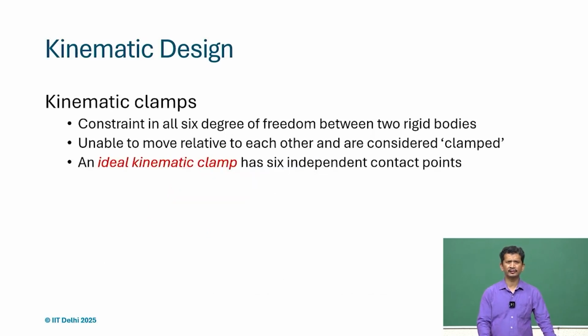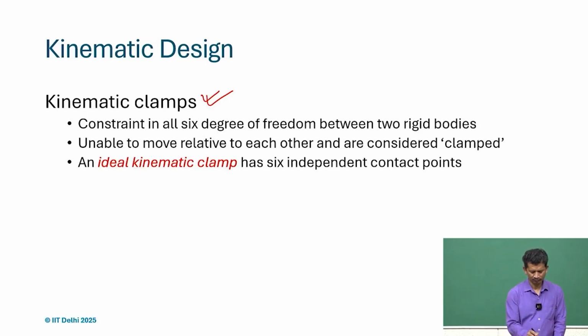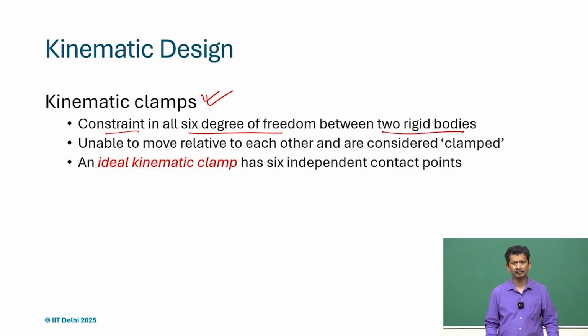Next is what happens if we define 6 constraints. We remove all degrees of freedom, and we get a new term called a kinematic clamp. When we provide constraints in all 6 degrees of freedom between the 2 objects, it ceases to move.